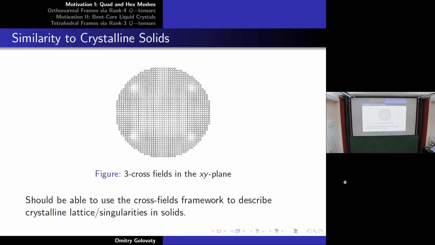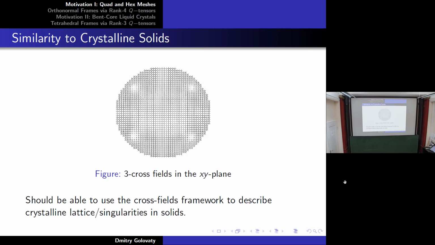Okay. Now, this problem of generating quadrilateral mesh, in a sense, resembles the process of trying to, for example, have a crystalline solid. In this case, maybe having a square lattice with lattice vectors being perpendicular to the boundary. So you can imagine that a configuration like this, theoretically it might be possible.